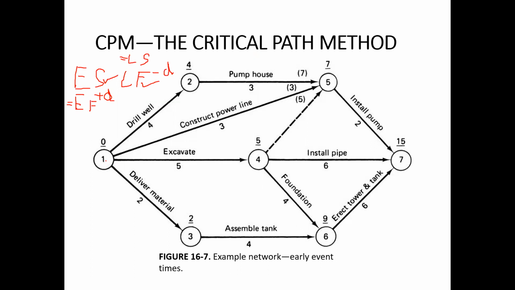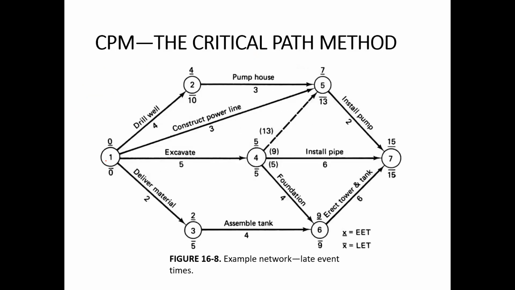So what we have over here is this network, and this network is showing us some additional numbers. In addition to this 15, we now have numbers under the circles. So how have these numbers been calculated?